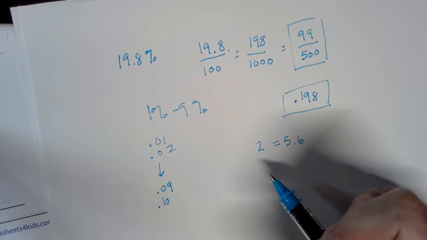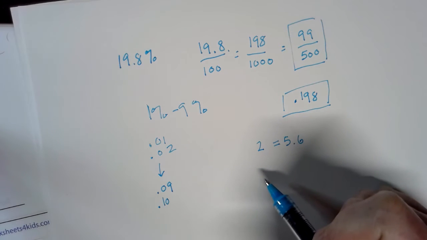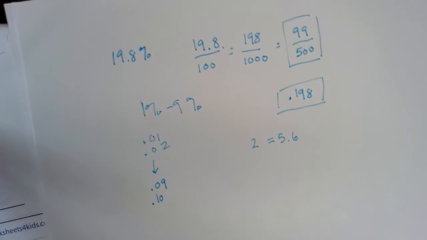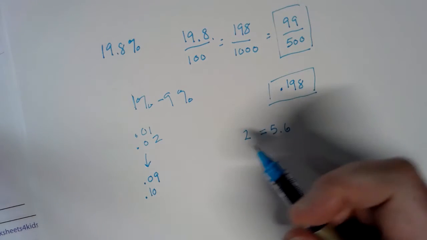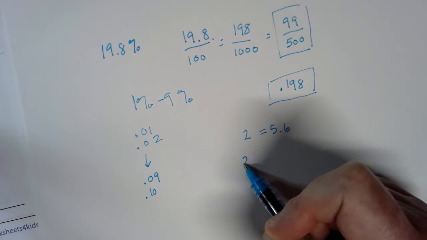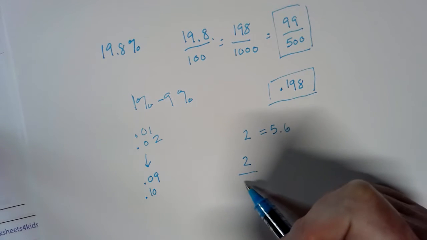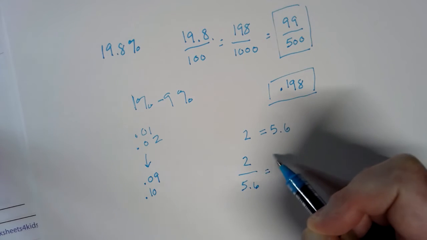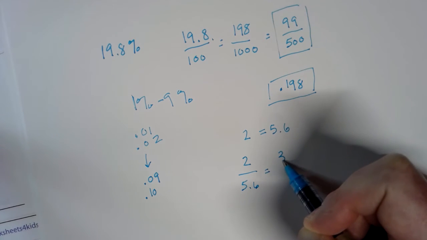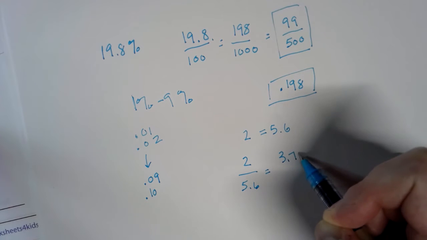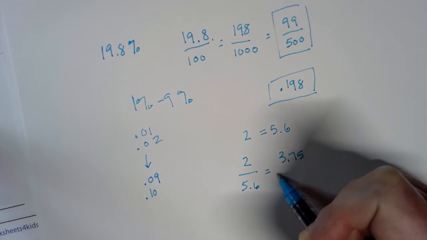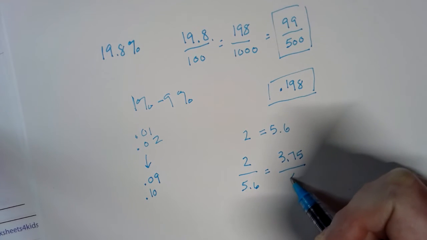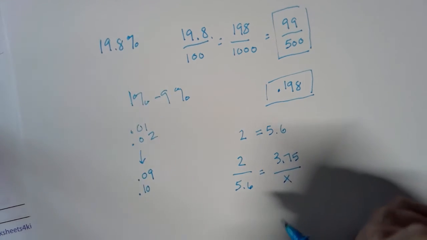So doing Medway to Norwood is 3 3/4 inches. This is basically a ratio. You know that 2 inches is to 5.6 miles as 3 3/4 inches, or 3.75 inches, is to unknown miles.